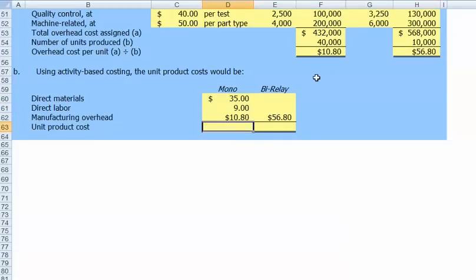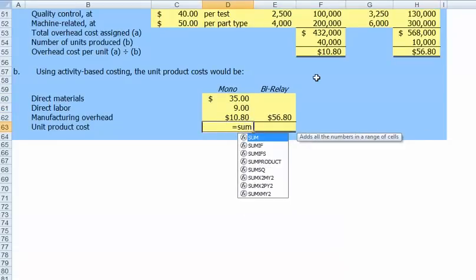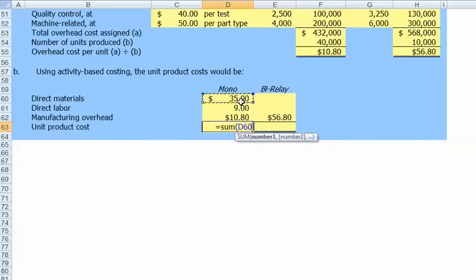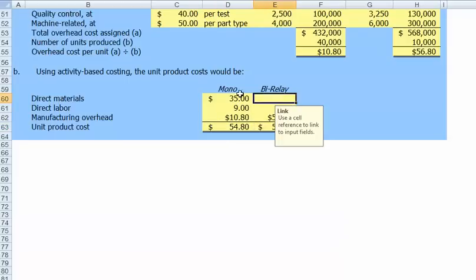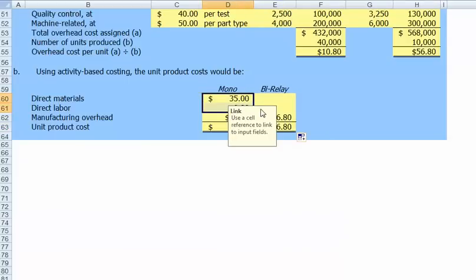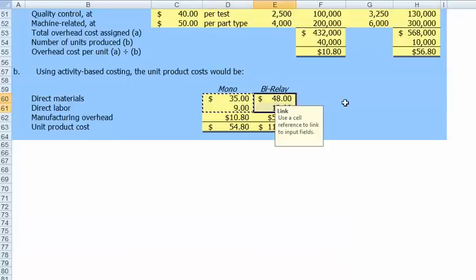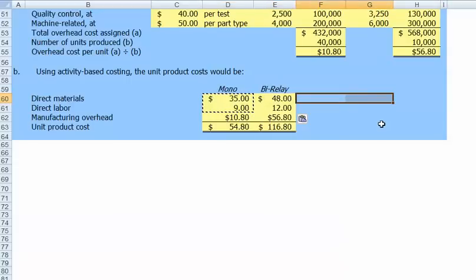And I can sum those up. I'm going to copy that formula over. And these links, I can even copy those over. And I've got my cost under my activity-based costing system.